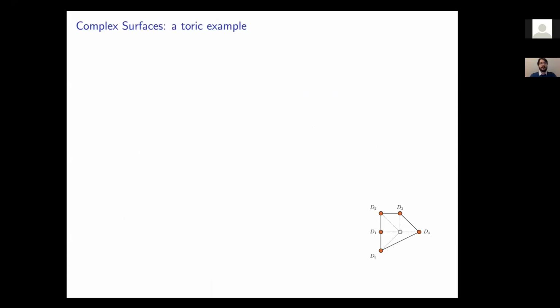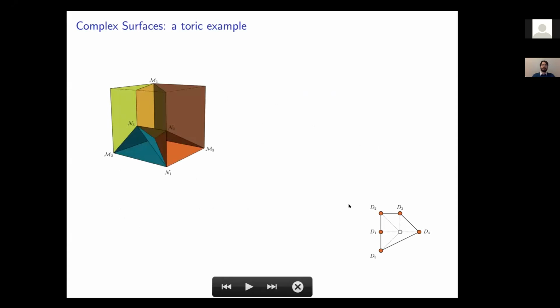So let me give an example, a toric example, and things will become a bit more clear. So I take one of the 16 toric surfaces, which corresponds to a reflexive polygon. And here is a picture of the Picard group. So M1, M2, and M3 are the generators of the Mori cone.